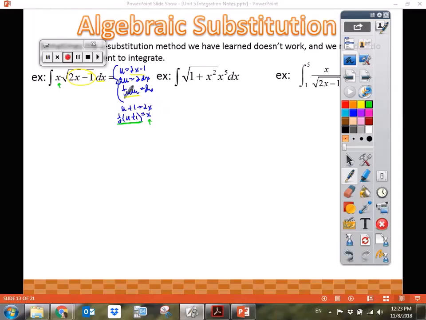So we're basically going to have a half times a half, or 1/4, outside there. Replacing the x is going to be this piece right here. I already have the 1/2 here, so the u plus 1. And then replacing this would be u to 1/2.